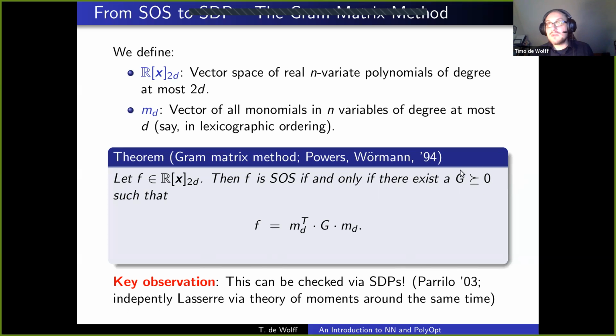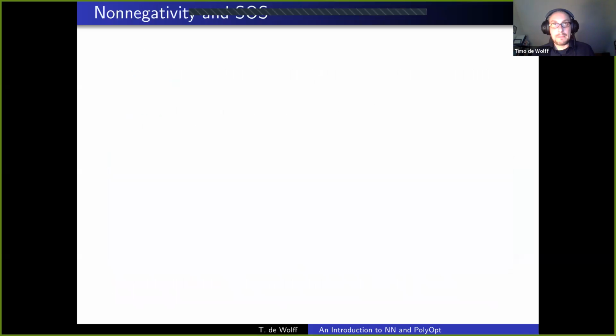It's not so surprising, right? It's positive semi-definite matrices, but the connection was not made at the time. And then Pablo made this connection. And so people suddenly realized, oh, we can really use semi-definite programs to compute sum of squares decompositions. That was a good starting point to basically this entire field, because remember, semi-definite programs are convex programs. There are effective ways to use them.